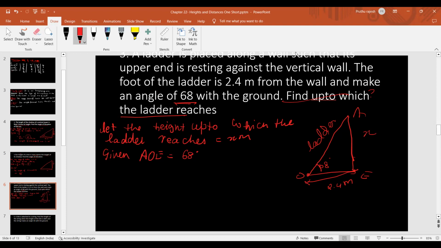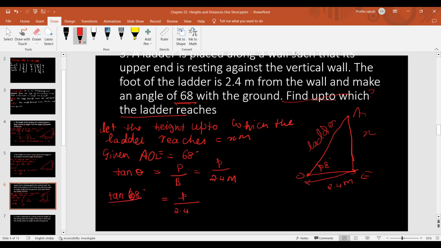By applying tan theta equal to perpendicular by base, the base is 2.4 meters. Next step is tan theta, which is tan 68, equal to perpendicular by 2.4.